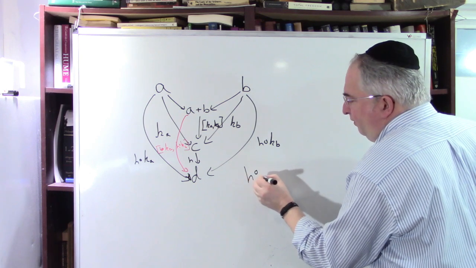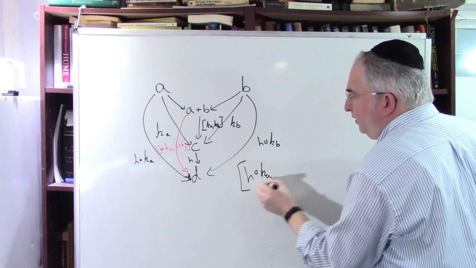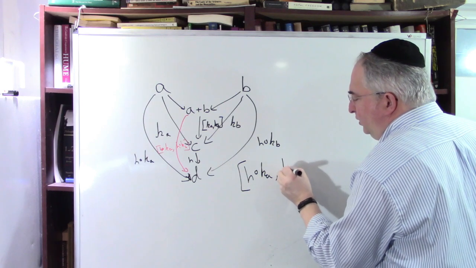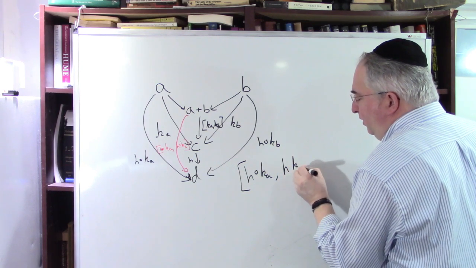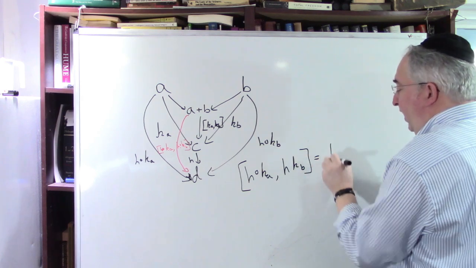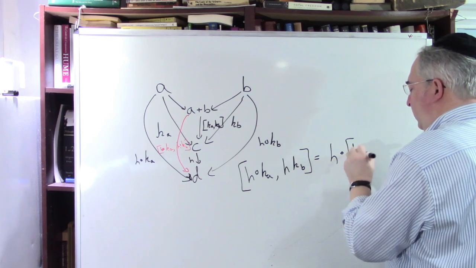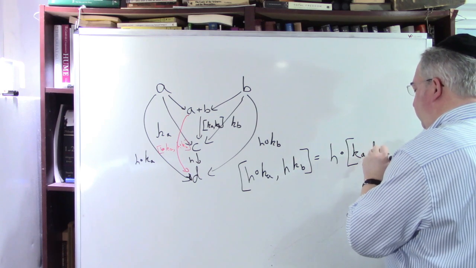Bracket H composed KA, comma, H composed KB, equals H composed with bracket KA, comma, KB.